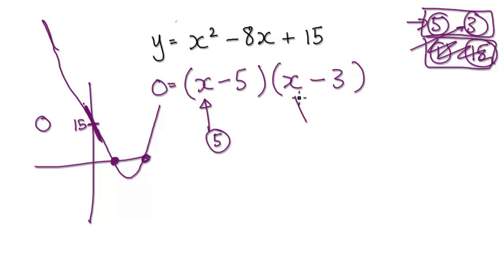If you put a positive 3 into here, then the whole thing would be 0. So as it turns out, this would be 5, this would be 3. And they're both in the positive realm. So this is a positive and a positive. The true roots are 3 and 5.